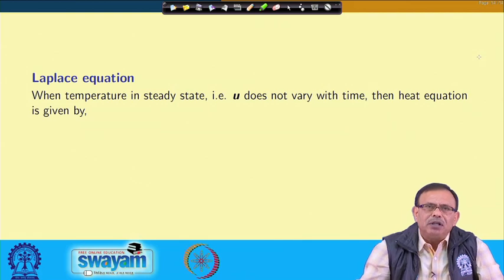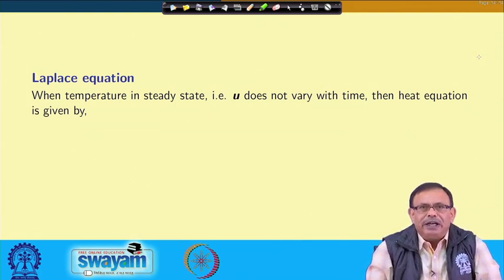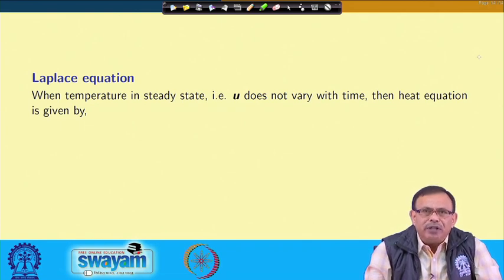When the temperature is in steady state, that is the u does not vary with time, then the heat equation is known as Laplace equation. Please note this. When the temperature is in steady state, that is the function u does not vary with time.